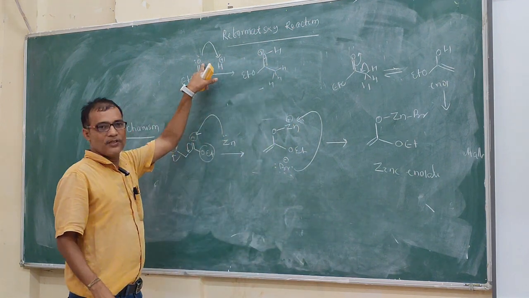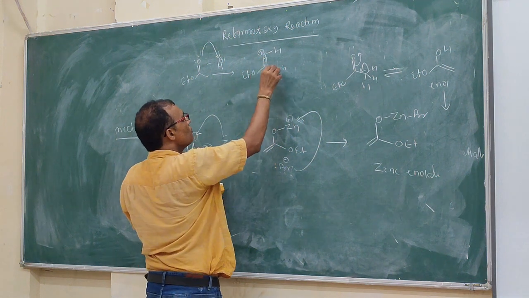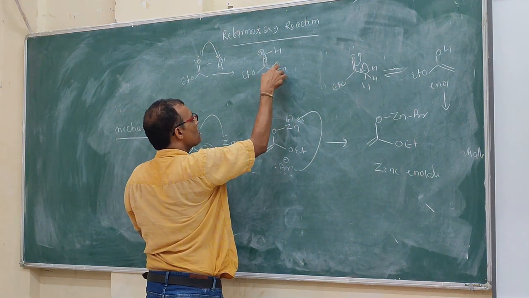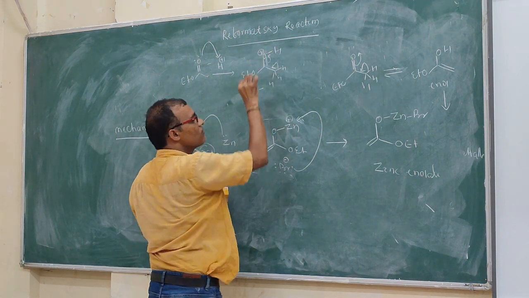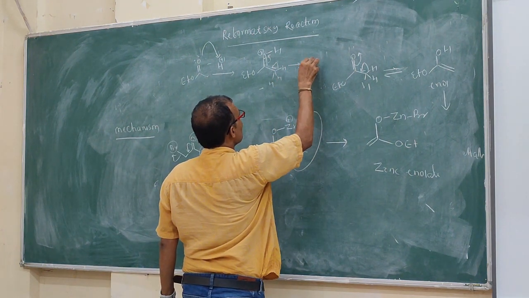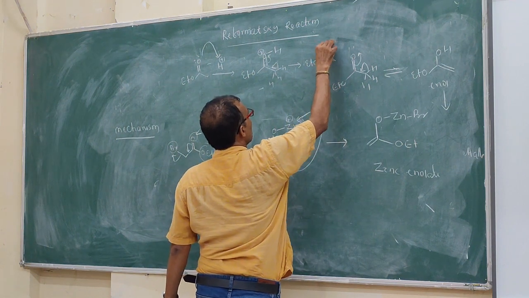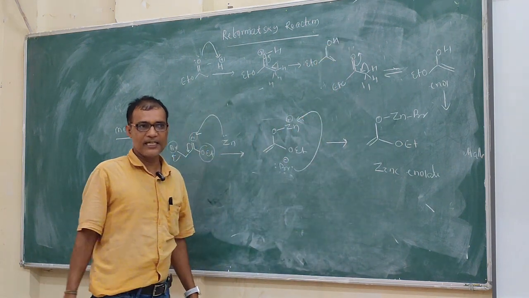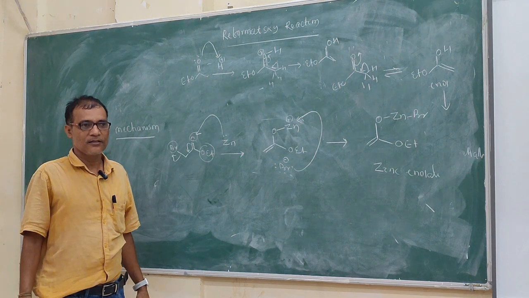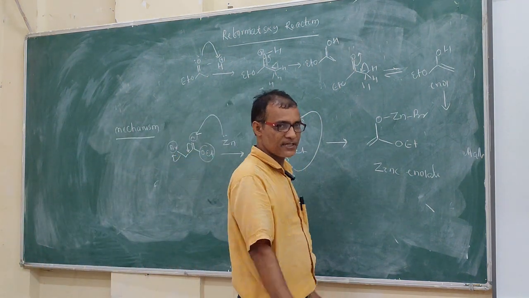Now O is positive because it takes the proton. To neutralize this, what do you do? Just take this proton and it will go here, then it is neutralized. Then finally you are getting the enol, this double bond OH. Okay, this is acid catalyzed enolization.